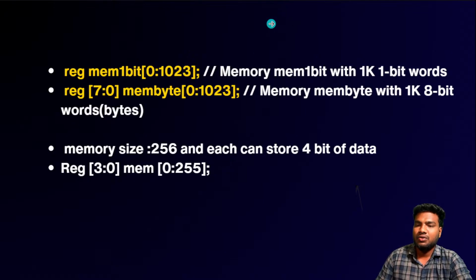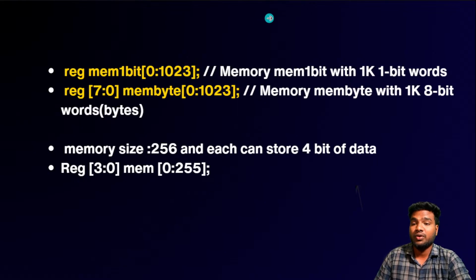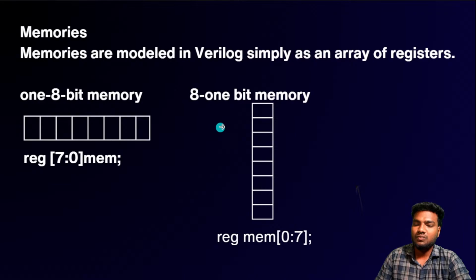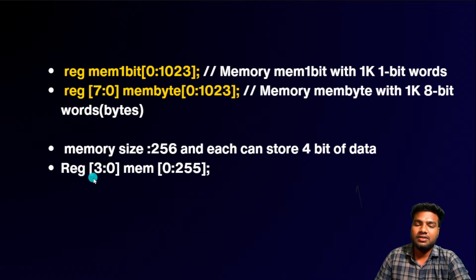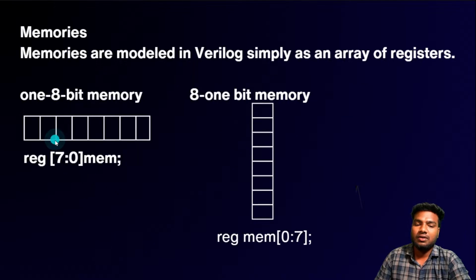So 0 down to 255 means a total of 256 memory locations. And reg 3 down to 0 means in every memory location you can store up to 4 bits.